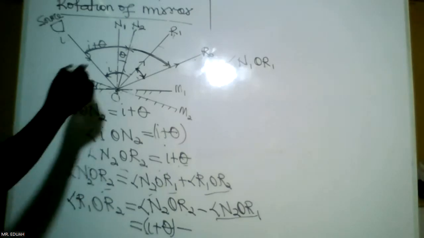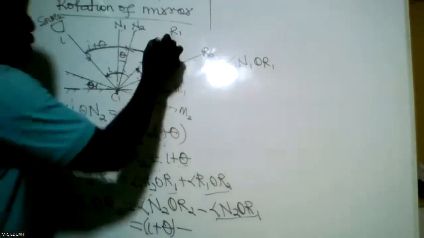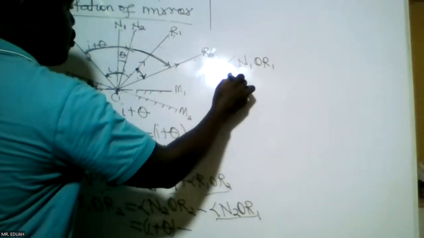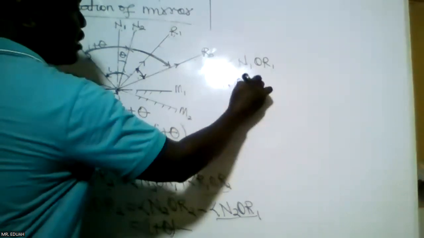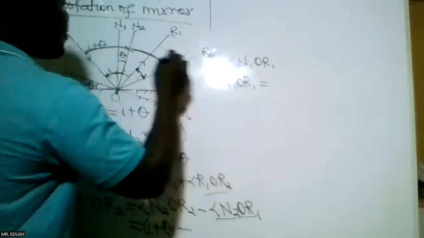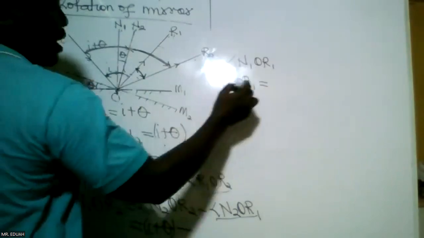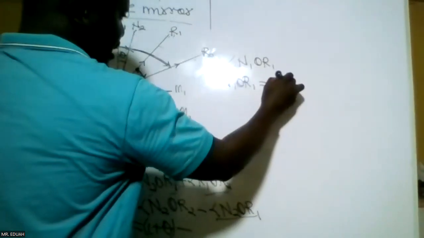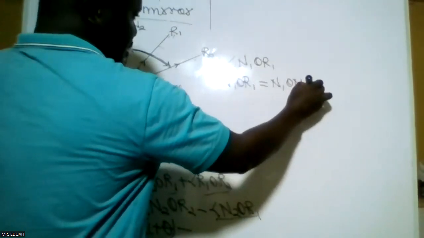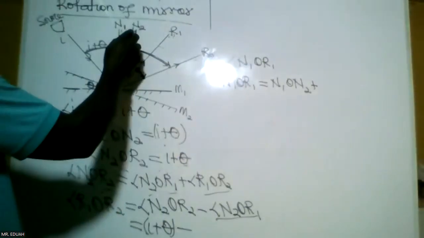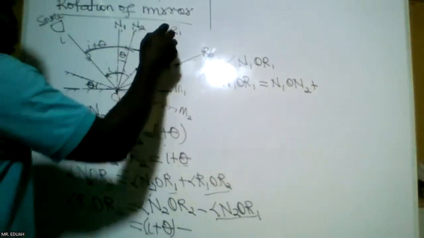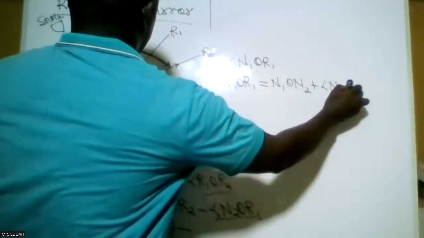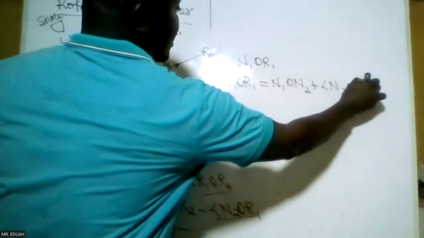Okay. So look at this bigger picture. N1OR1, that is i. So angle N1OR1 is equal to angle N1ON2 plus angle N2OR1.